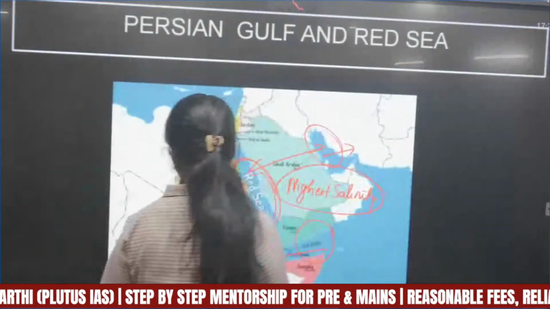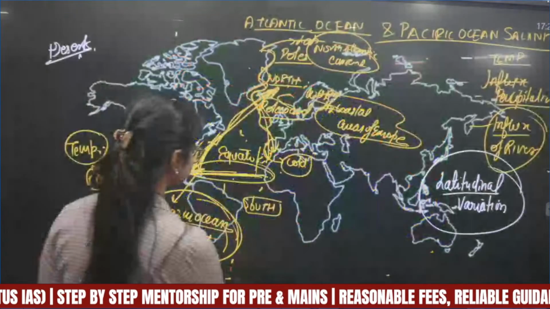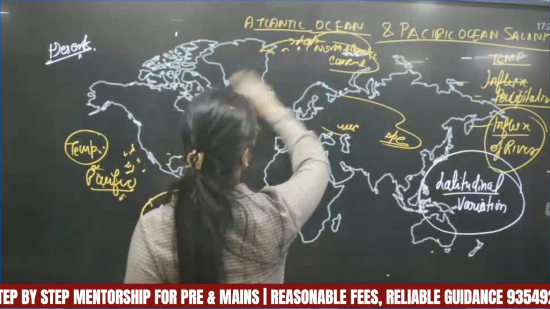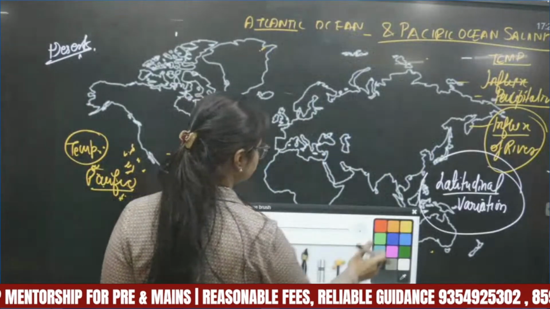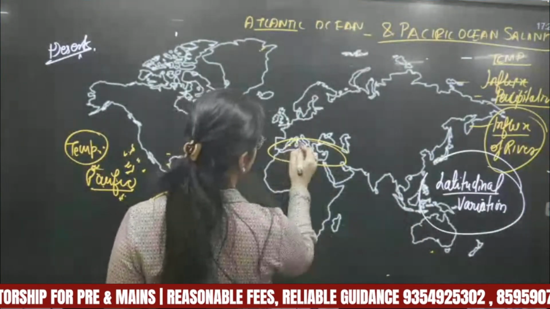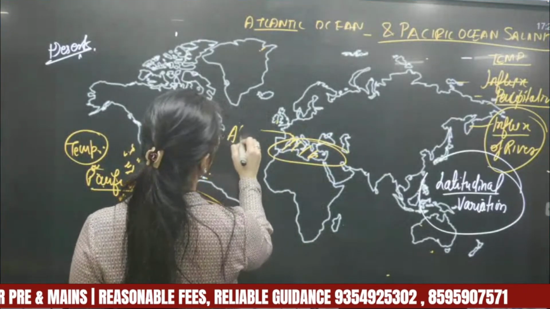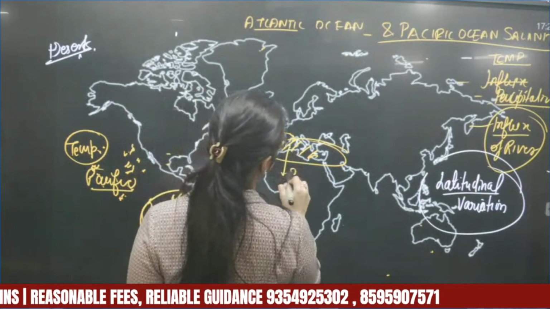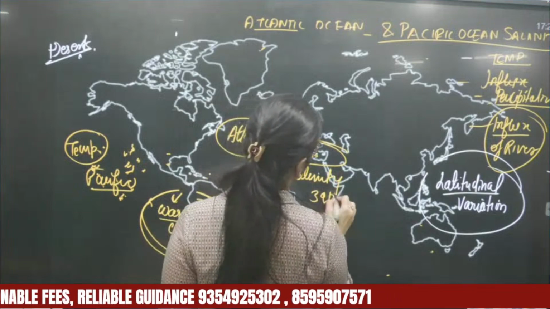But in the Atlantic, do you only get this? No. Since we are having, see how geographical locations impact this. Now in the Atlantic Ocean I am taking two cases. I am taking the example of the Mediterranean Sea, which is not having much interaction with the Atlantic Ocean. Therefore, the salinity value of the Mediterranean Sea is high, which is 39 ppt, right?